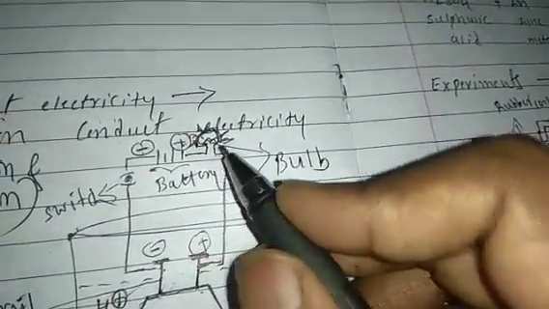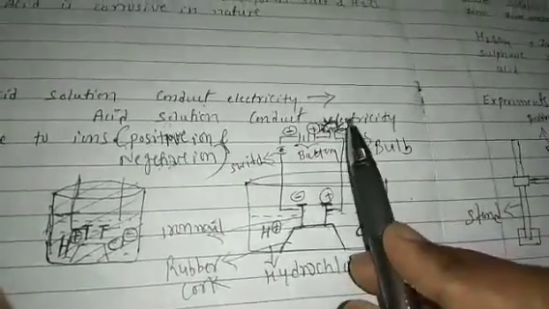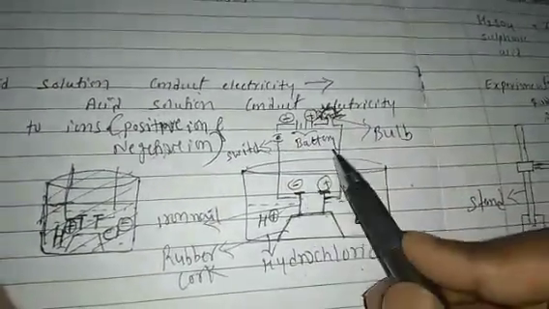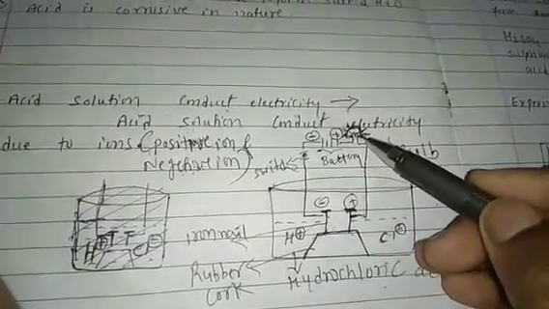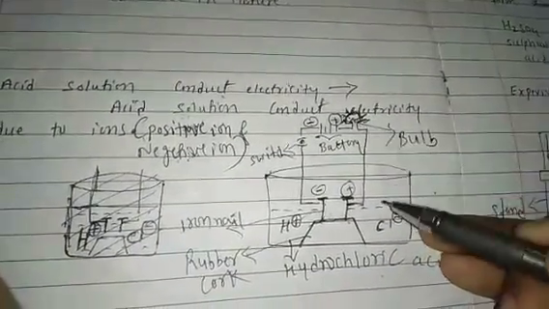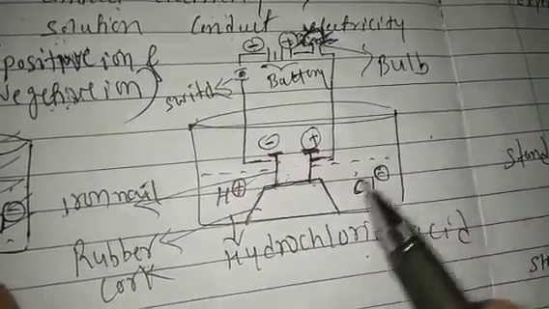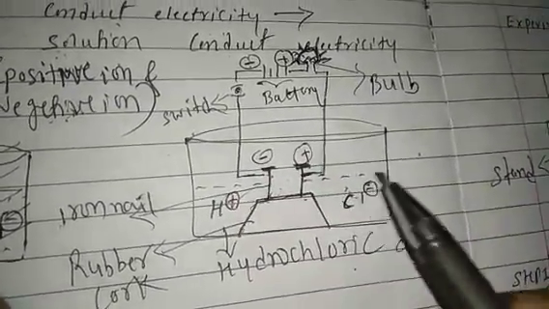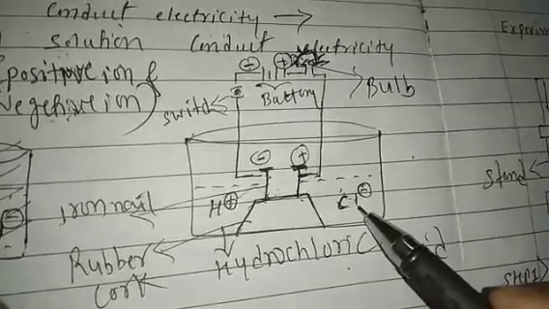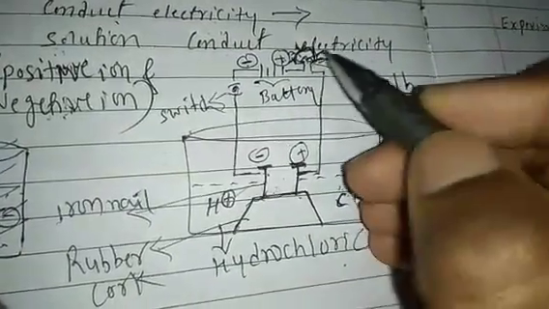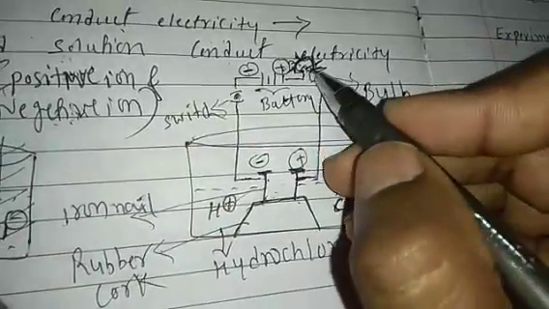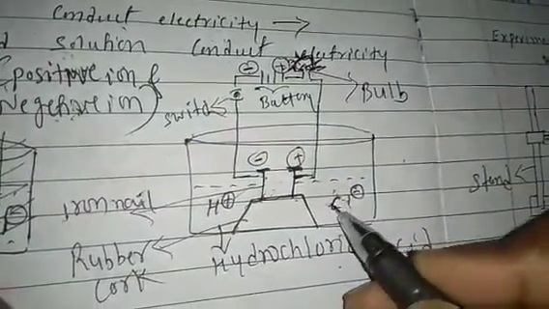The bulb is glowing, which means the acid conducts electricity. This experiment indicates that the glowing of the bulb shows the HCl solution conducts electricity. Understood, friends? If you use some other solution that cannot conduct electricity, the bulb will not glow. The bulb glowing indicates that the acidic solution conducts electricity.